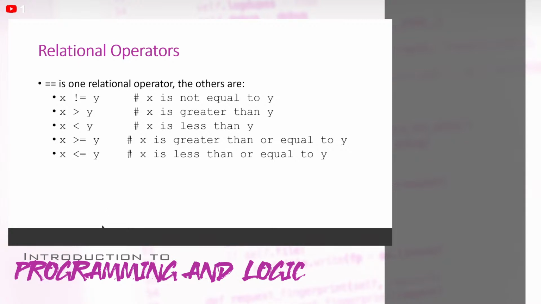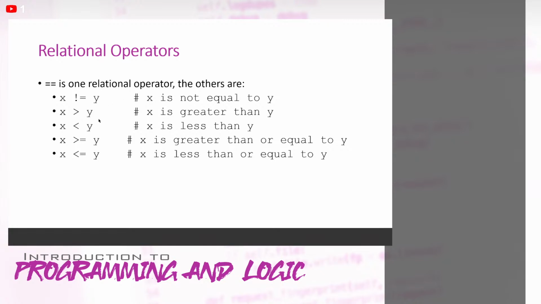If we said 5 exclamation point equal to 7, then the statement being made there is, is 5 not equal to 7? That's true, so that would evaluate true. If it was 5 not equal to 5, the question being asked there by our computer would be, is 5 not equal to 5? In which case, that's not true, that's false.